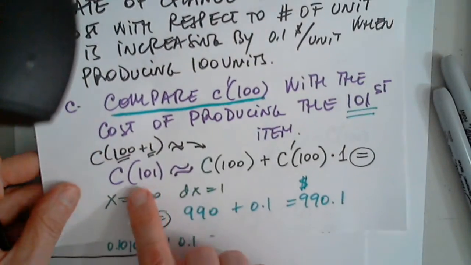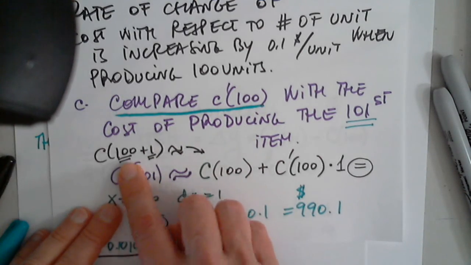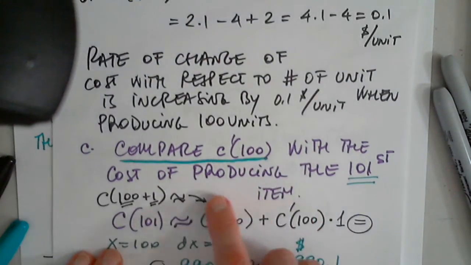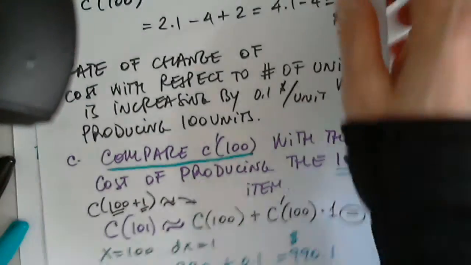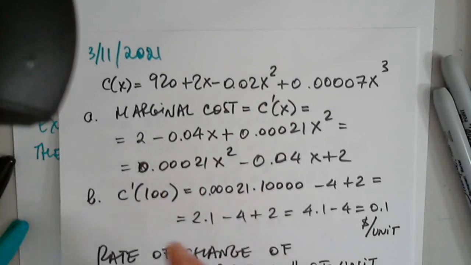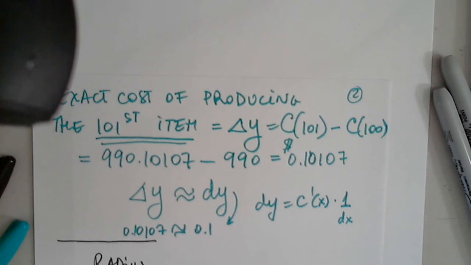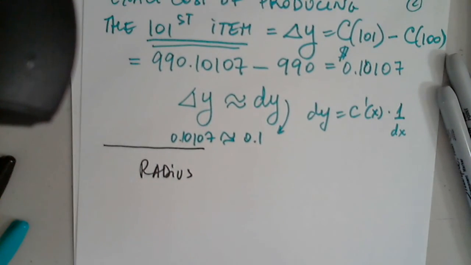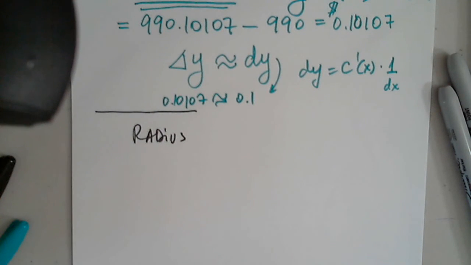If I'm asked to find the cost of producing the 101st item, and all the discussion was about producing 100, then the extra unit, that's the delta x. If you want to call it the error in x, it's not really an error, but we can call it an error in x, which is dx. Is that okay?